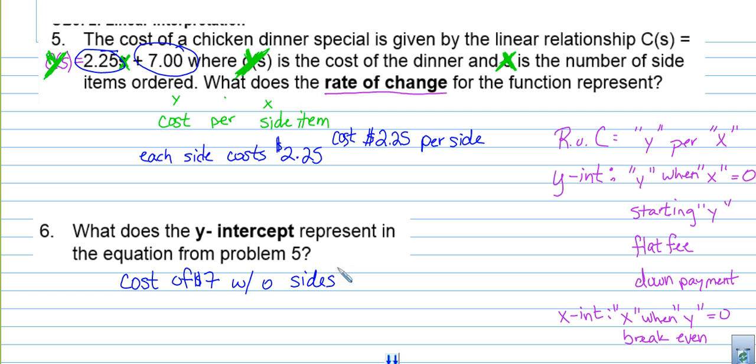Okay? So cost with 0 sides. You could say that the chicken itself costs $7. The chicken only is $7. The dinner, you start at $7 and then go up $2.25 per side, something to that nature. Okay?